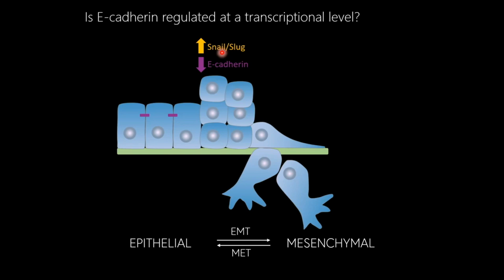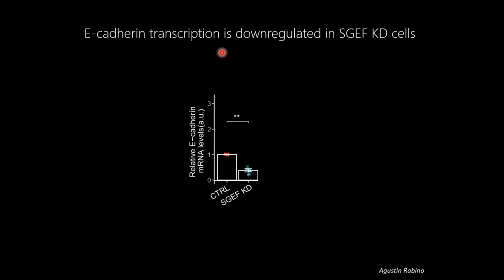So we wanted to see if transcription was involved. What we did first is we did qPCR and analyzed the messenger RNA levels of E-cadherin in control and in SGEF knockdown cells. And what we saw is that transcription was severely impaired. We see a lot less mRNA for E-cadherin when we knock down SGEF.